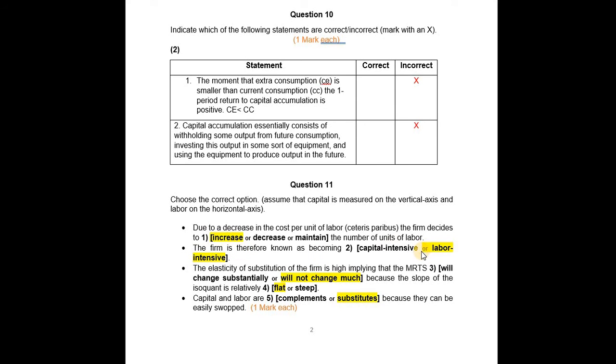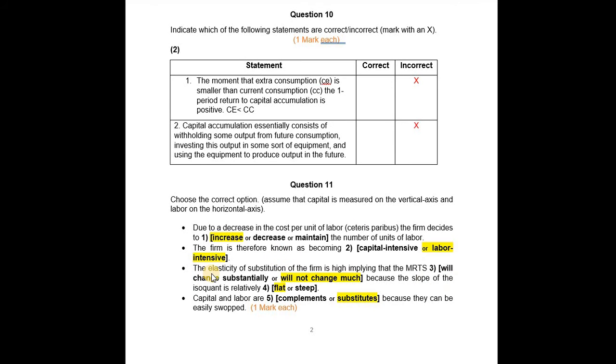In this case, we chose labor intensive. We are saying that the firm is labor intensive in its production because it employed more labor than capital. It is cheaper for them to employ labor than to employ capital.